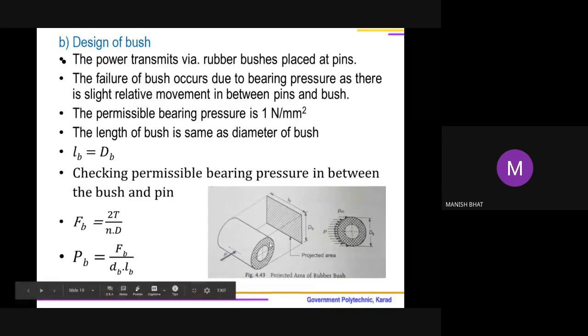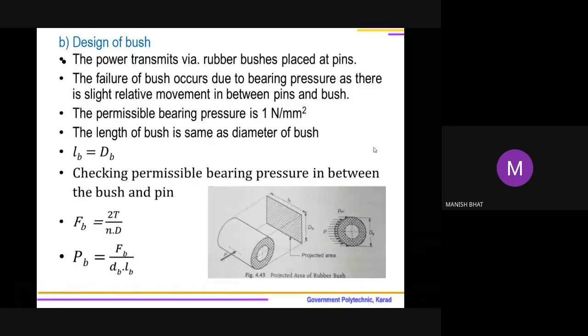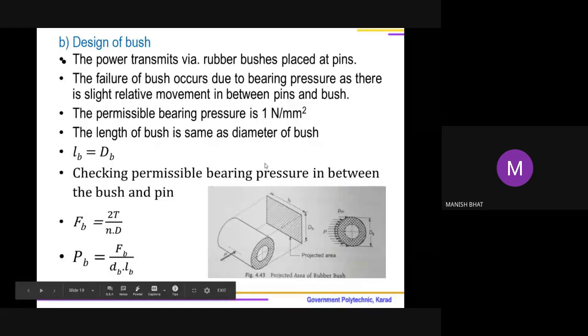So this is the bush. Are you observing the cylinder? This bush is projected on a plane, so dB and LB. What will be the area?